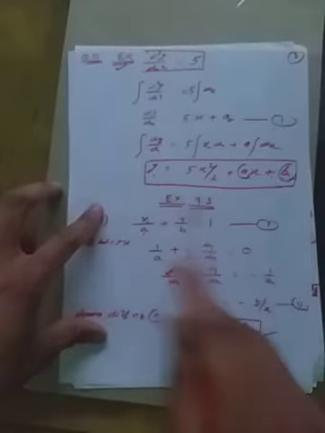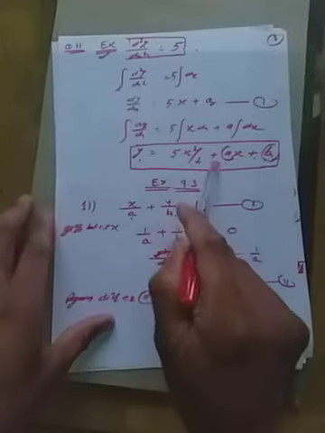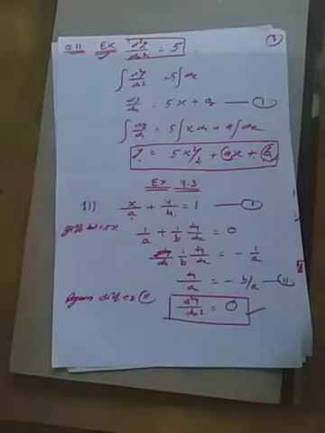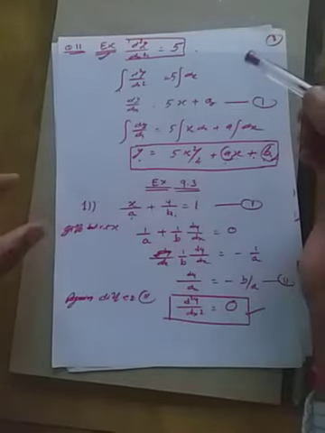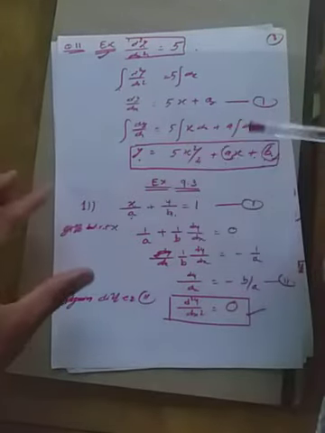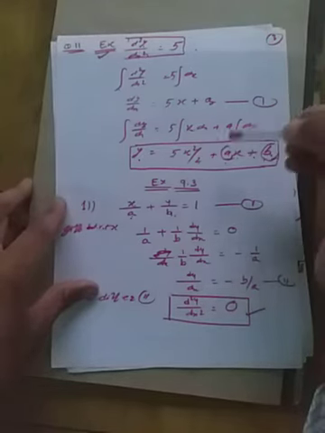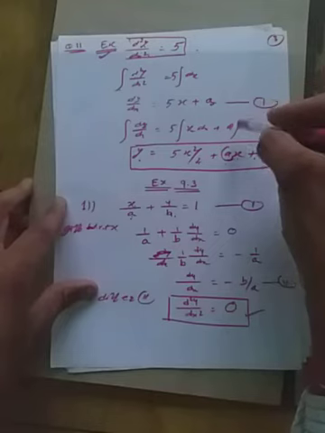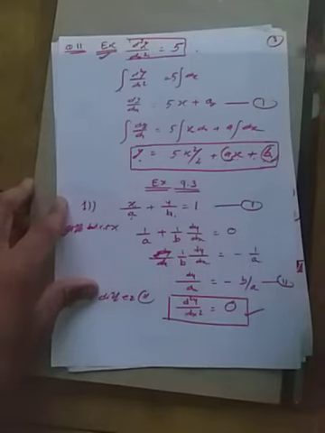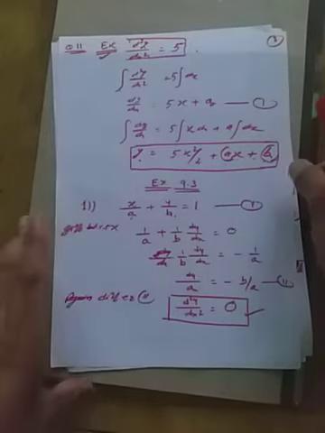After integrating this, I am getting two arbitrary constants a and b. So we can say that the number of arbitrary constants is equal to the order of the differential equation, right?